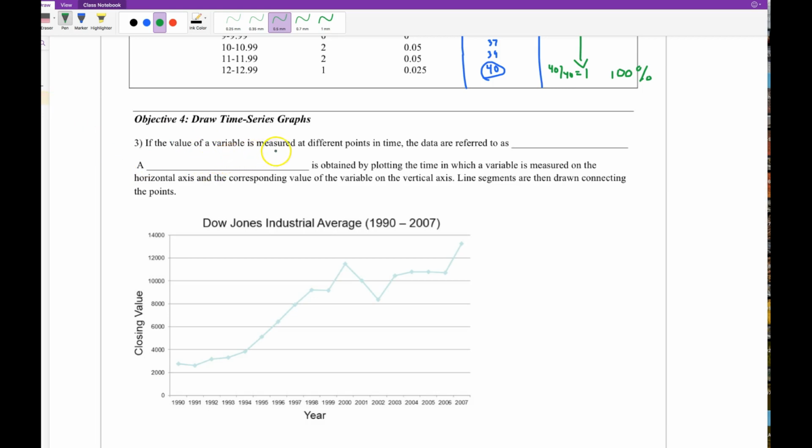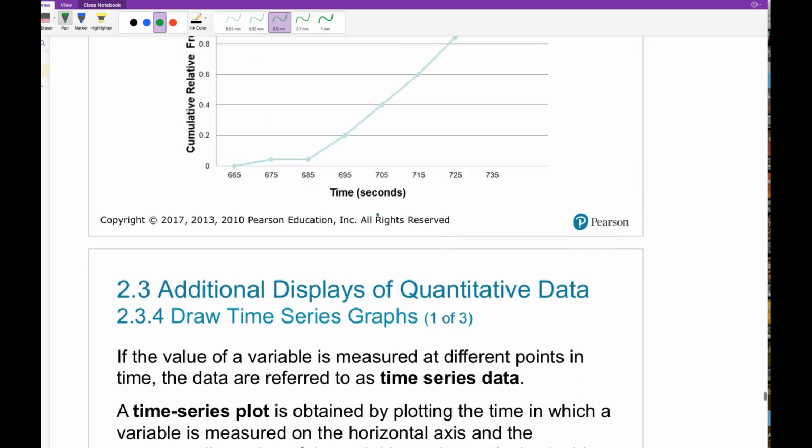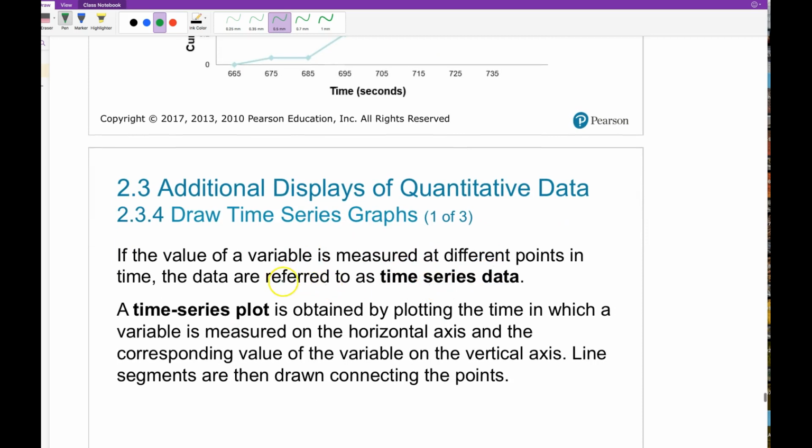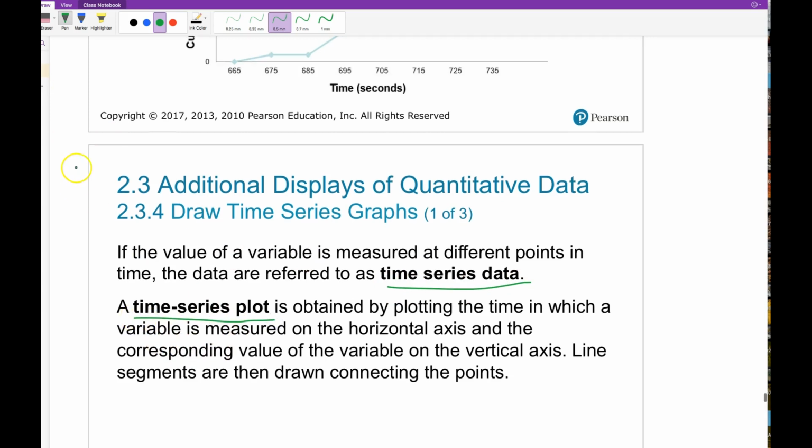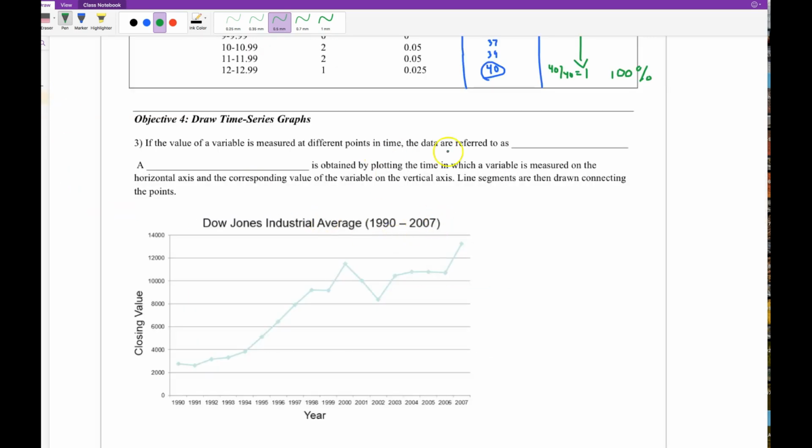If the value of a variable is measured at different points in time, the data is referred to as time series data. And so again, you would come back to over here. That would go in there. And the other one is a time series plot, and you would put that in there.